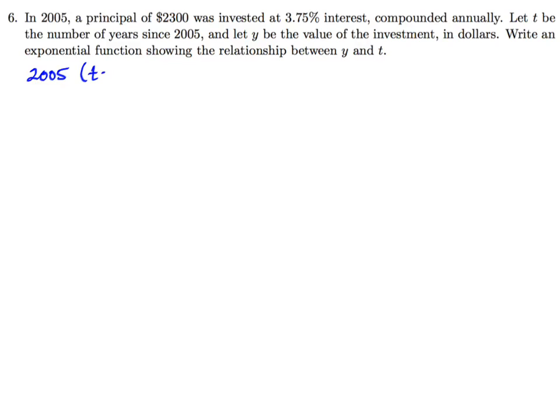So in 2005, when t is equal to 0, so 0 years since 2005, we know that y is equal to 2,300. So then let's see what happens a year later. So in 2006, that's 1 year after the year 2005, what is this investment going to be worth?